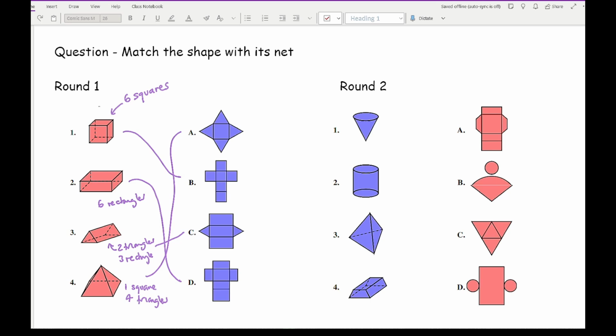Then moving on to round 2, we've got 1 circle and we've got, let's say, an arc or sector, I should say.